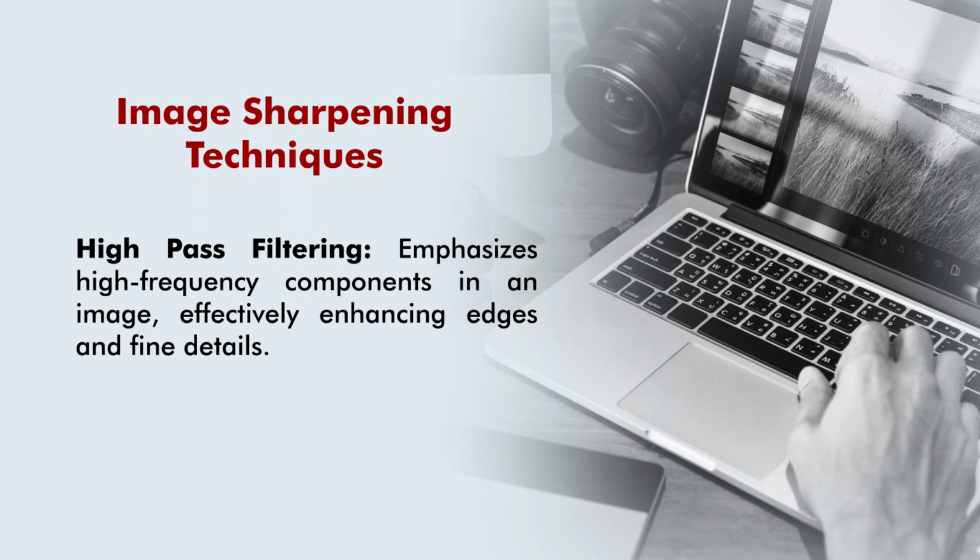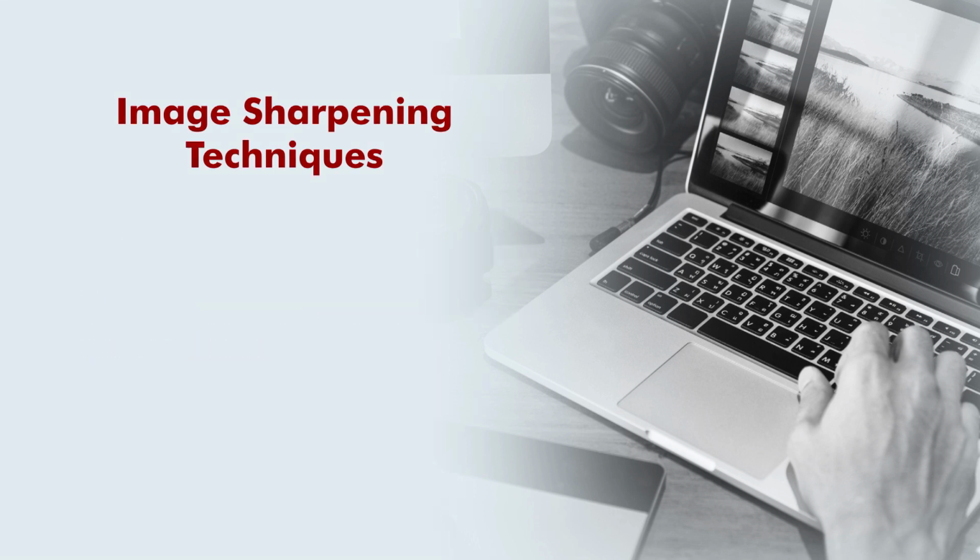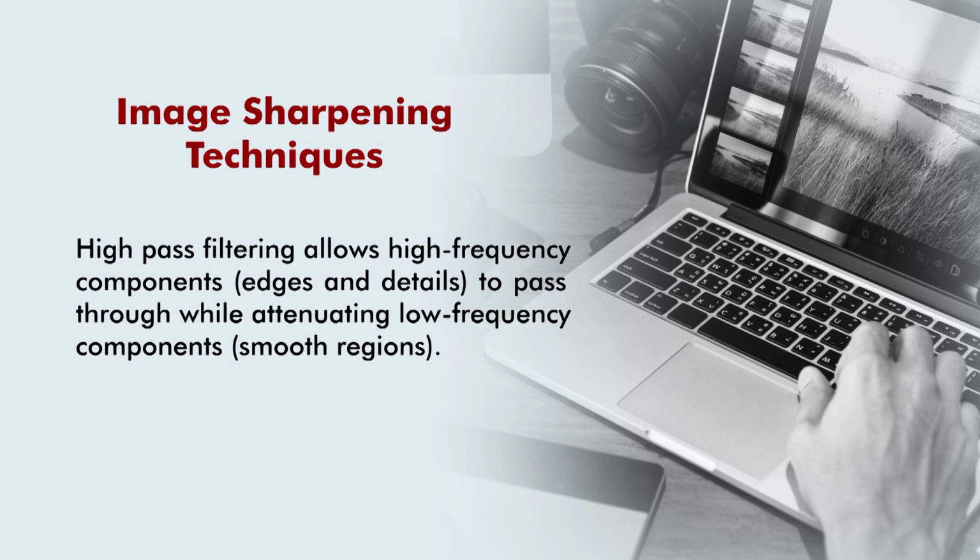First of all, we have to insert the original image and the sharpened image using unsharp masking side by side. High pass filtering emphasizes high frequency components in an image, effectively enhancing edges and fine details. It allows high frequency components, which are edges and details, to pass through while attenuating low frequency components, or smooth regions.